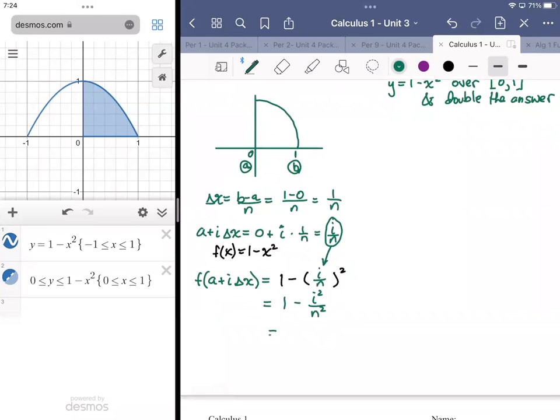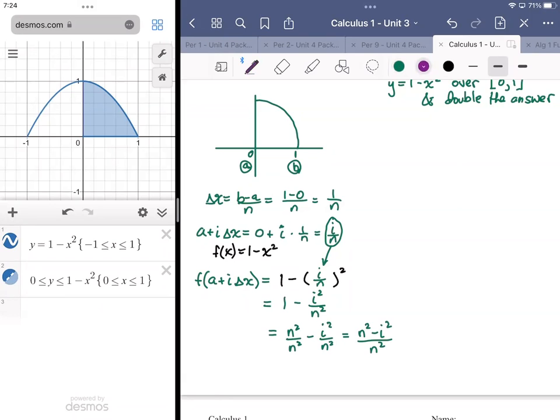When I simplify that, I would get a common denominator, just to make life a little easier, because I'm going to have to multiply this by delta x in a minute anyway. So this would be the same as saying n squared over n squared minus I squared over n squared, which would become n squared minus I squared over n squared. All right, so any part of that is equivalent to f of a plus I delta x.